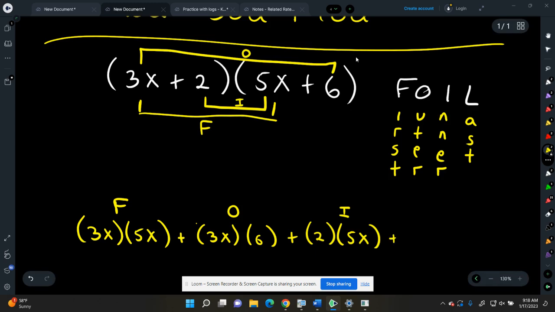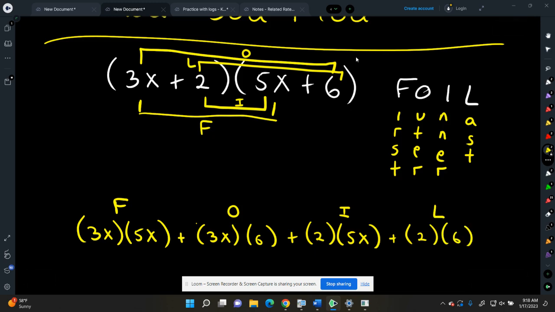And then last will be the 2 times the 6. There's my last. First, outer, inner, last. I'll give you a second to copy that.